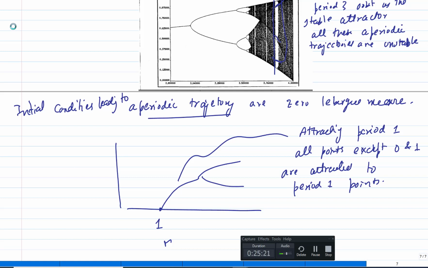Over here we have an uncountable set of points which are on aperiodic trajectories. Still they are measure 0.